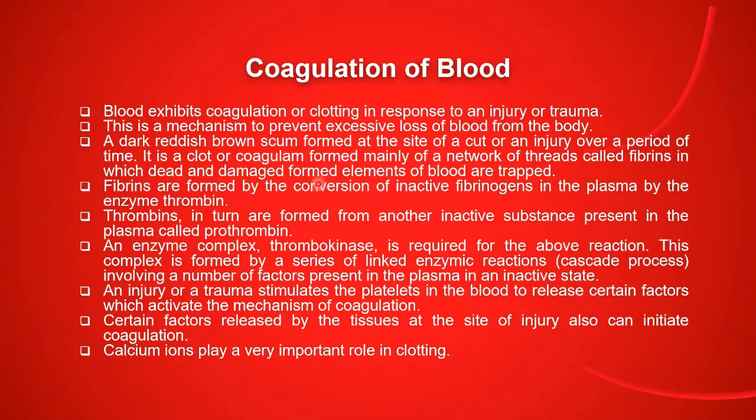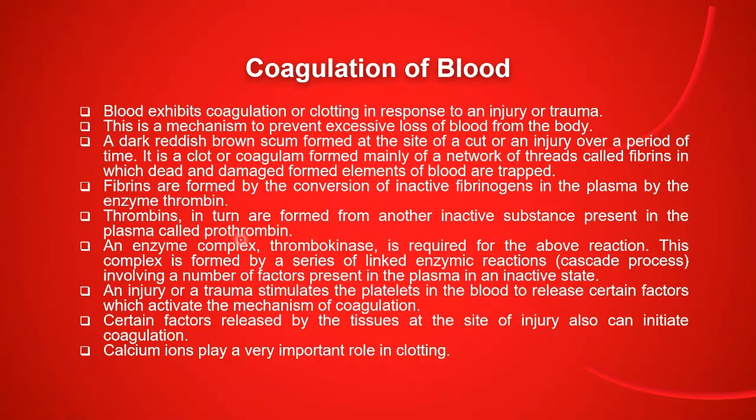The clot formed after any cut or injury contains the dead or damaged cells. Fibrin is formed by the conversion of inactive fibrinogen in plasma. Thrombin is involved here and it activates fibrinogen to fibrin. Thrombin, in turn, is formed from prothrombin present in the plasma.